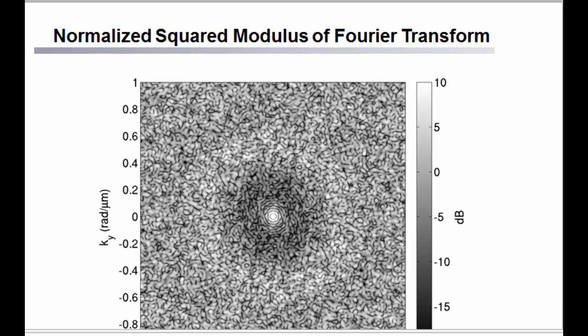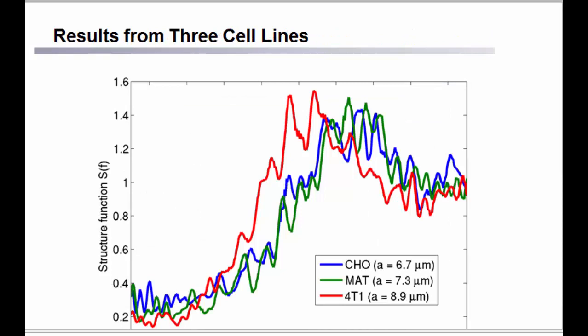You see some kind of a circular symmetry on this Fourier transform. Then we get the result for the structure function from histology for different cell lines. Similar to the ultrasonic measurement, we see a lower than unity structure function here, and then a peak around here.